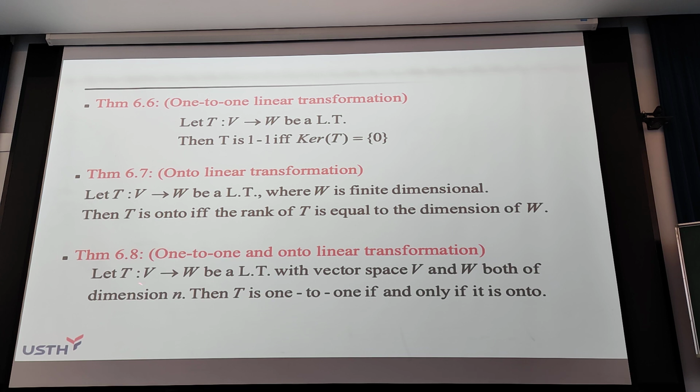Suppose that T from V to W is a linear transformation, and we suppose that the vector spaces V and W have the same dimension n. Then in that case, T is one-to-one if and only if it is onto. That is in the case of a linear transformation between two vector spaces having the same dimension, then one-to-one and onto are the same notion, not different.